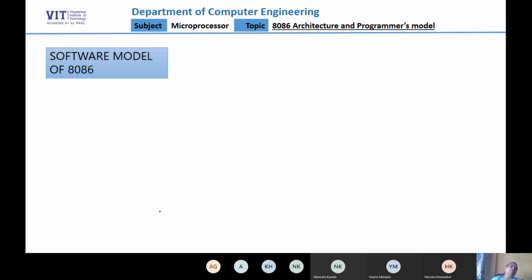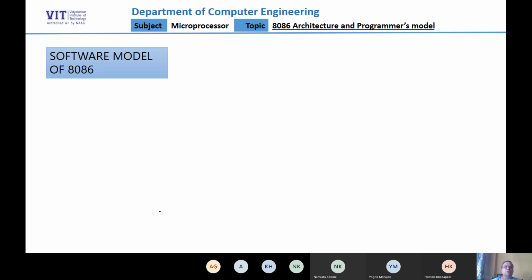The software model of 8086 processor consists of a set of internal registers which can be used in the instructions by the programmer. So whenever we want to write a program for 8086 processor, we want to write a set of instructions, and an instruction consists of two things, that is operation and operand.